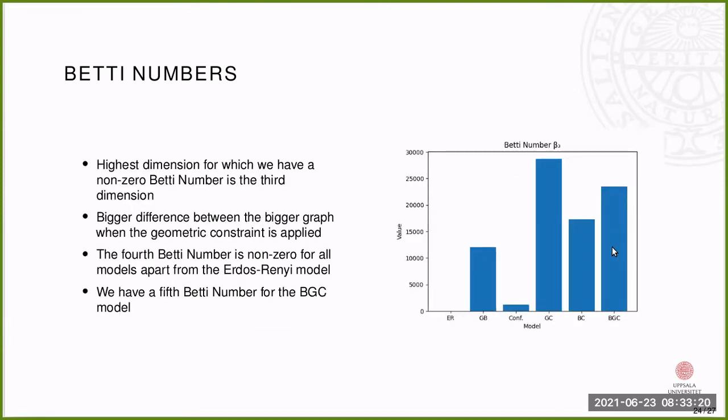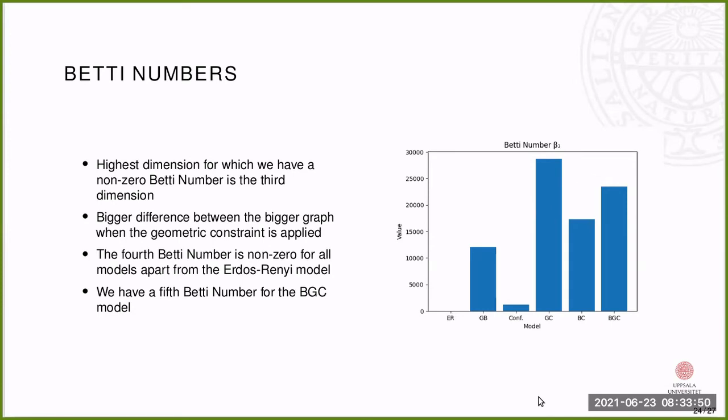Okay, so we wanted to compare Betti numbers between the models, and the highest dimension by which we could was the 3rd dimension. So we have here some non-zero Betti numbers for each of the 6 models. The BioM microconnectome wasn't computed for this because computationally it just wasn't possible.